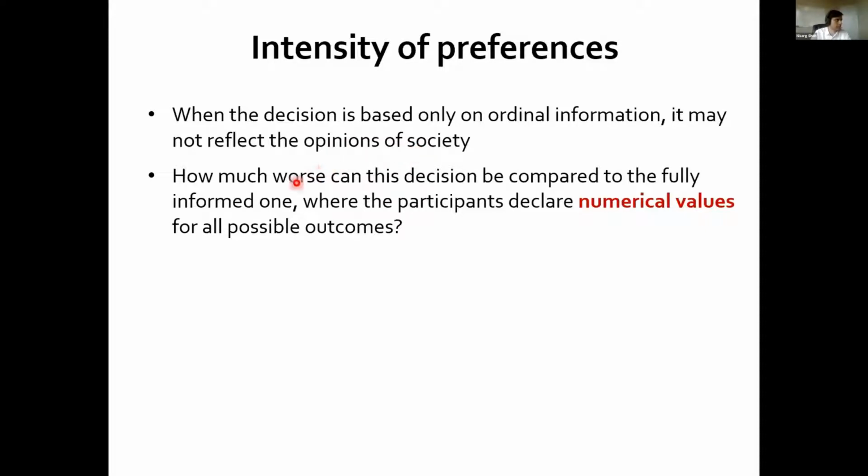And the main question is, how bad can this be? How far can we be from the decision that we would take if we knew the complete cardinal information that lies behind the ordinal info that we get?